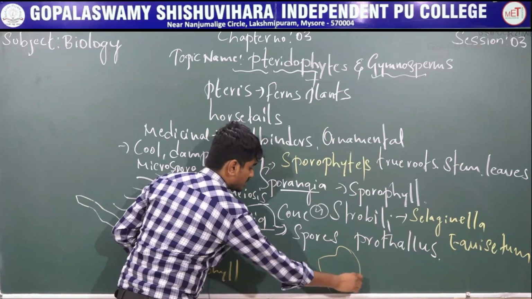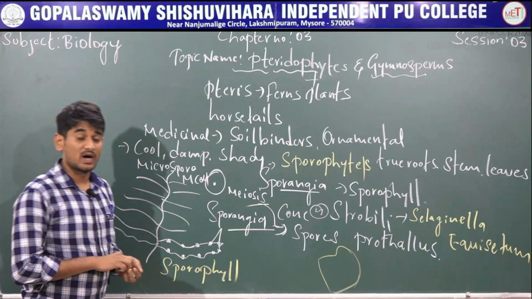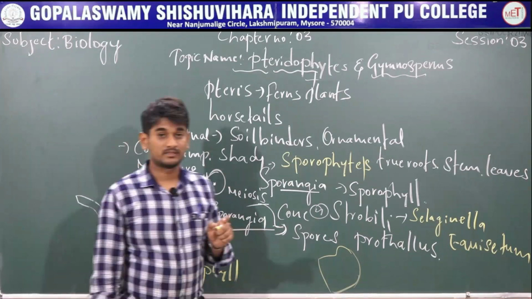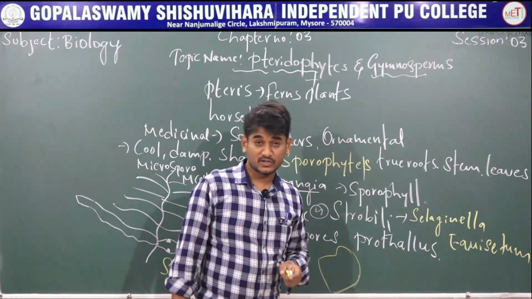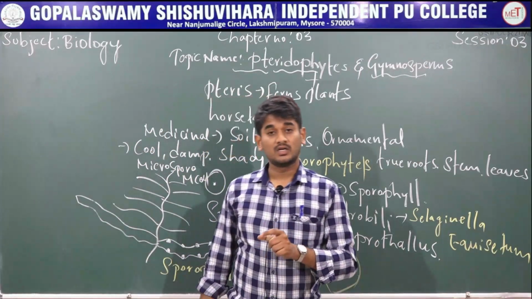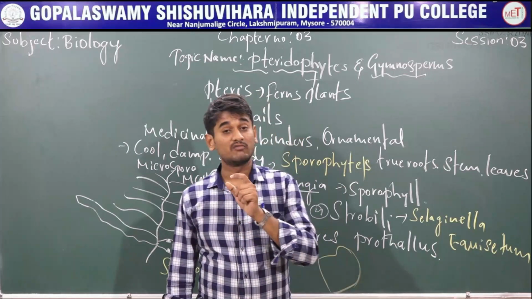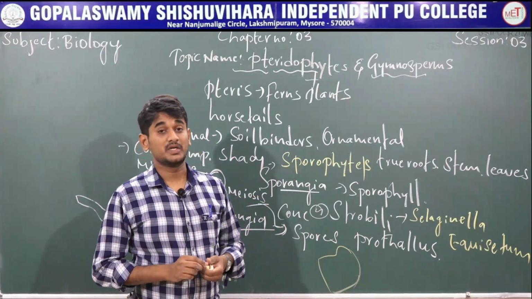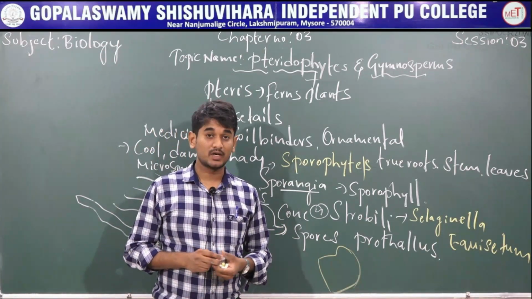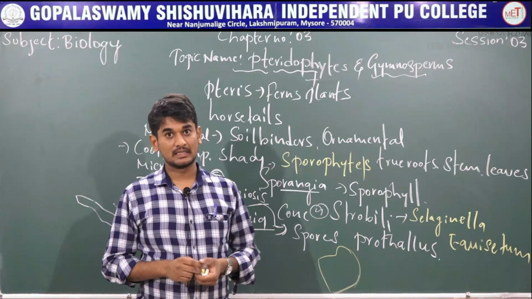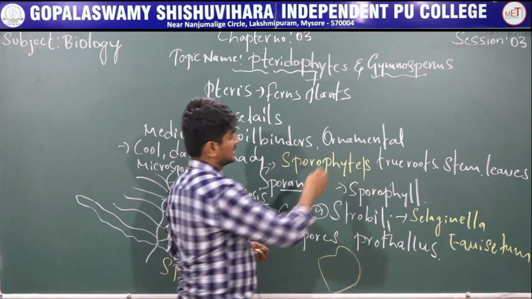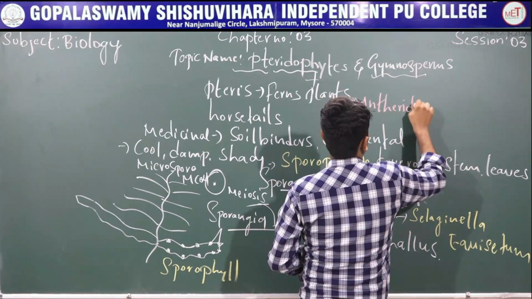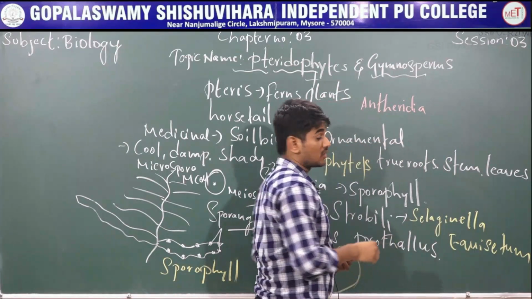So these gametophytes require cool, damp and shady places to grow, because of this restricted requirement and need for water for fertilization. Then the gametophyte bears both male and female sex organs. The male sex organ is called antheridia and the female sex organ is called archegonia.